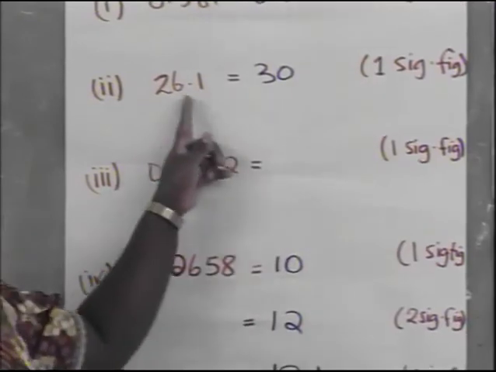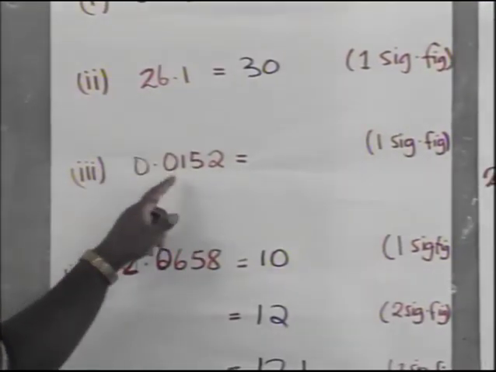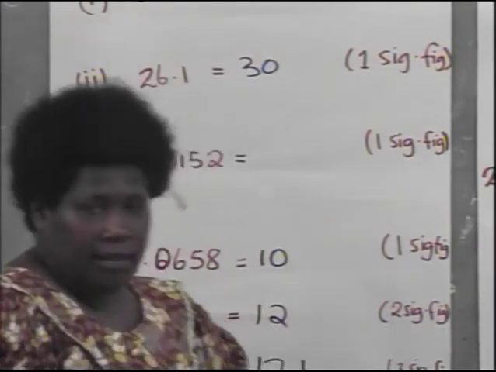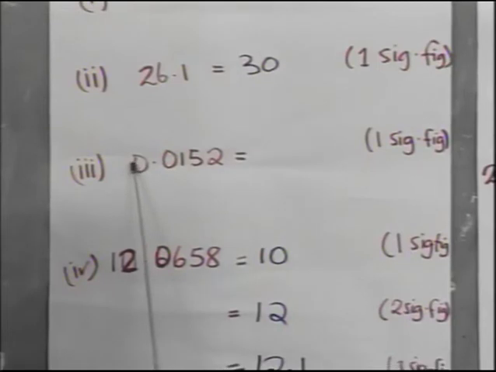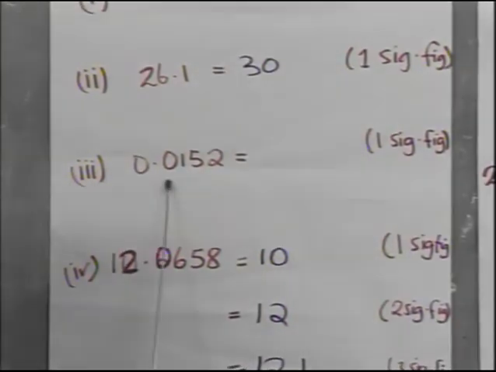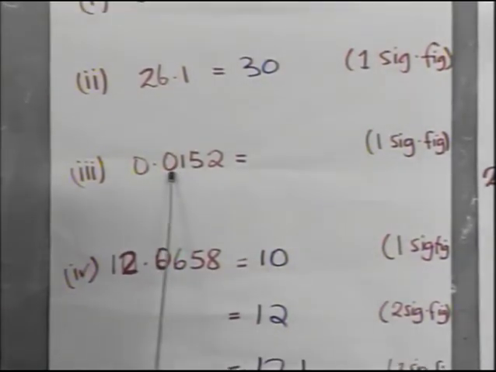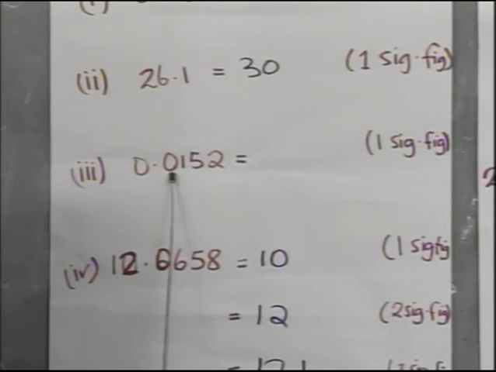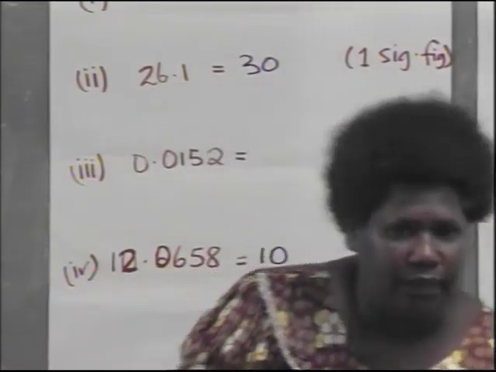You look at the second number, it's greater than 5, increase this one by 1. This is a decimal number, which means this 0 is insignificant. Also, this one, because it's a digit other than 0 after the decimal point, is also considered insignificant.